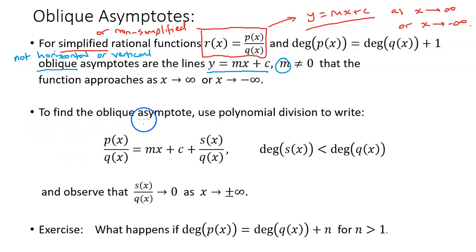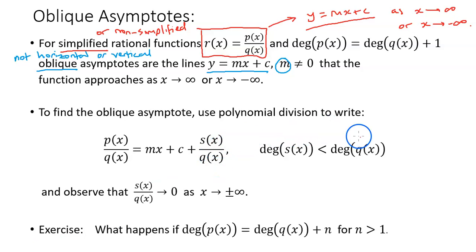Now, to find the oblique asymptote, we can use polynomial division to write p of x divided by q of x equals mx plus c plus s of x divided by q of x, and in this case the degree of s of x is less than the degree of q of x.